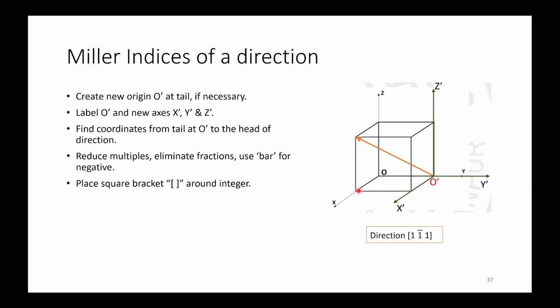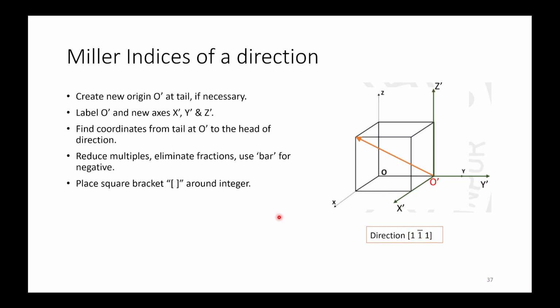Here you are moving one step in the opposite direction for y, so opposite, negative, you have to put 1 bar. And if for z you are moving in the positive direction 1 time, you have to put 1. So it will be 1 bar 1.